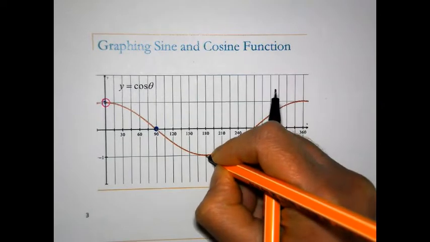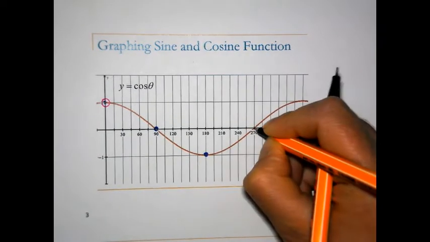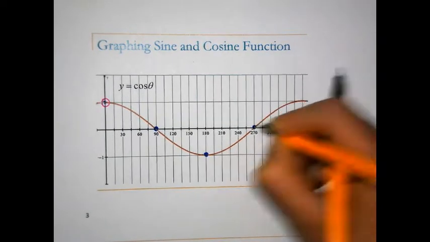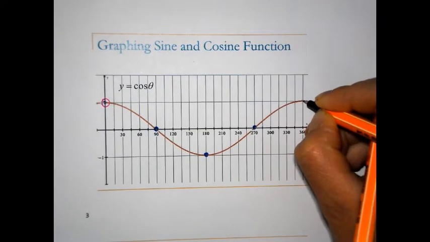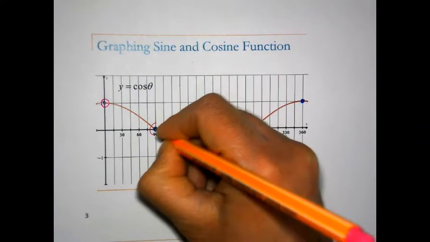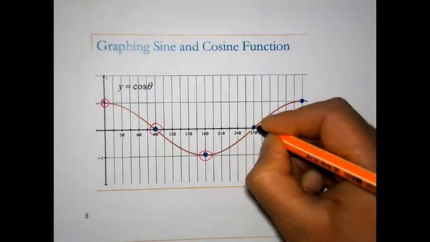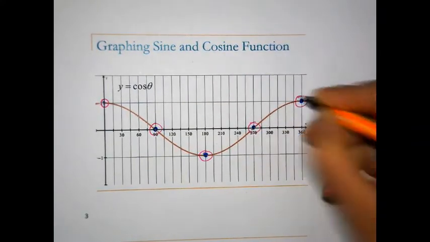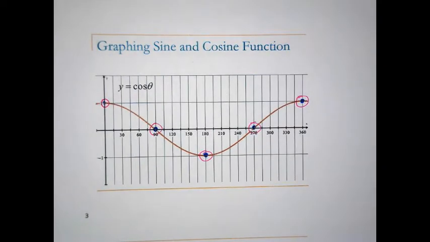Then at 180 it is at -1, back at 0, and then at 360 it gets back to 1. So again, these are the 5 key points that we will keep in mind in order to remember the pattern of the cosine function and graph it.